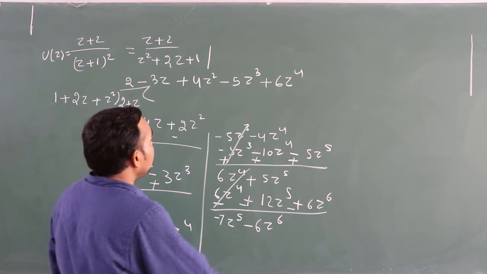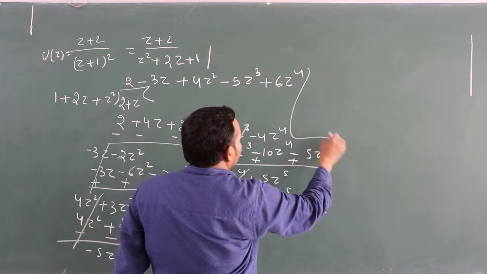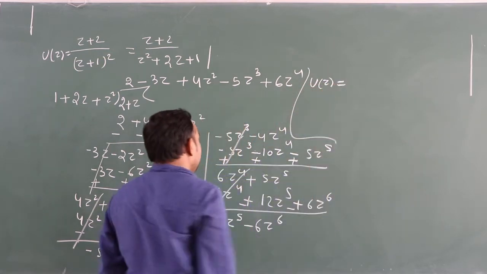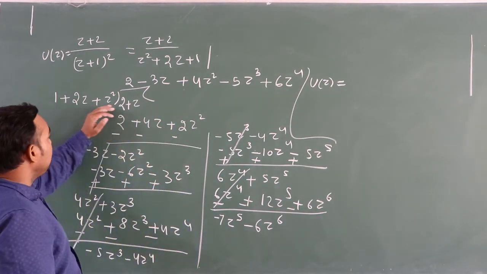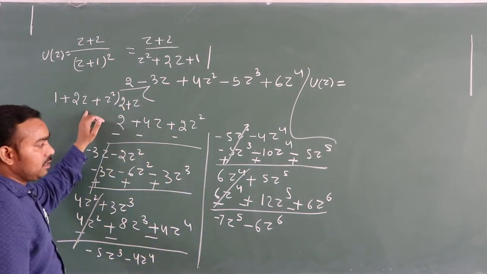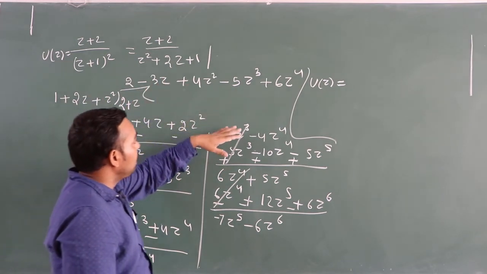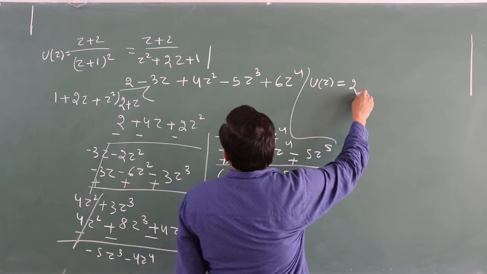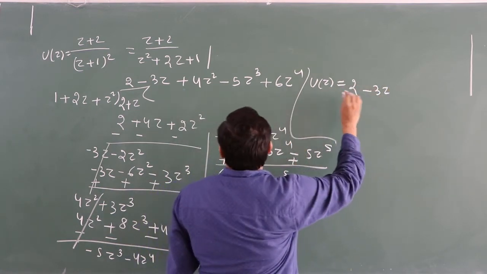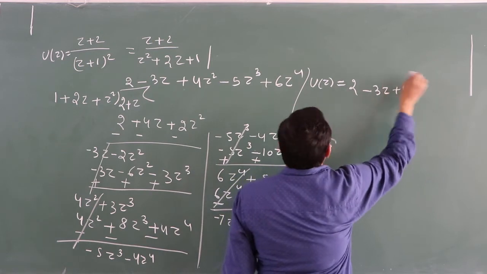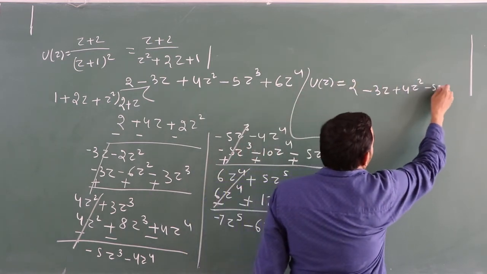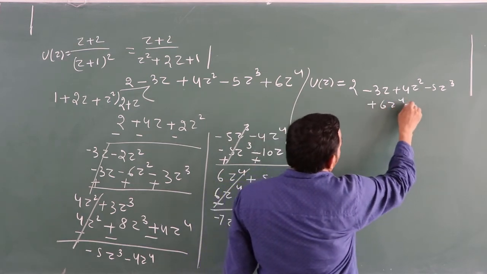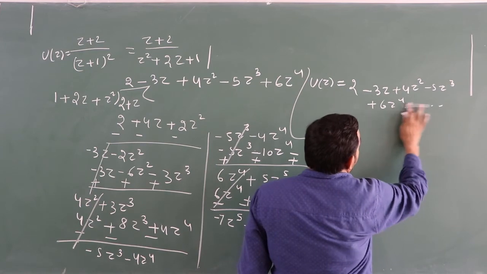Means we can say here u of z can be written as, after dividing this by this expression, we simply get 2 minus 3z plus 4z square minus 5z cube plus 6z to the power 4, and so on.